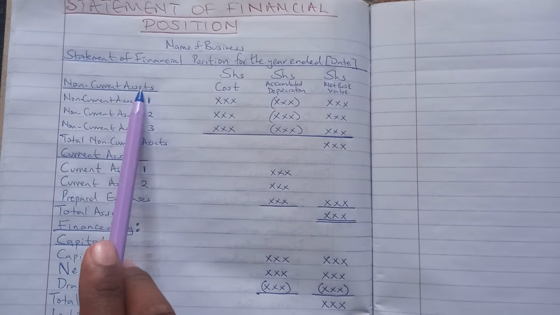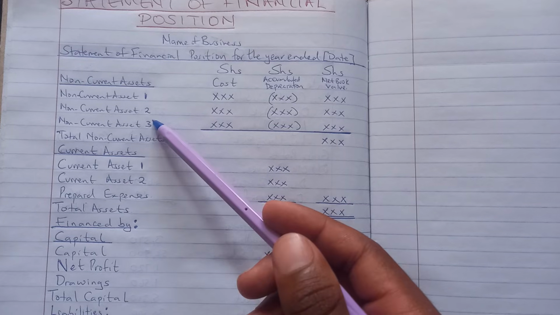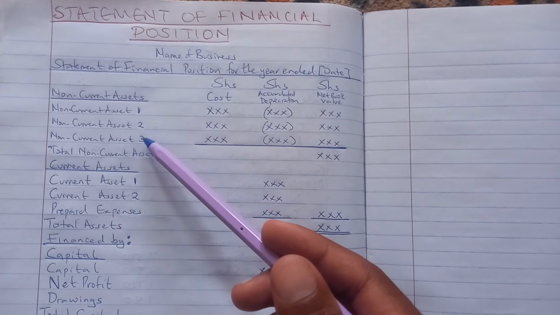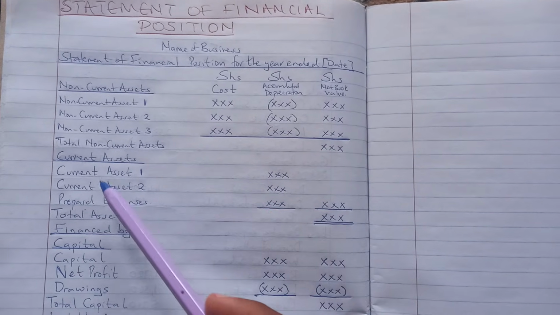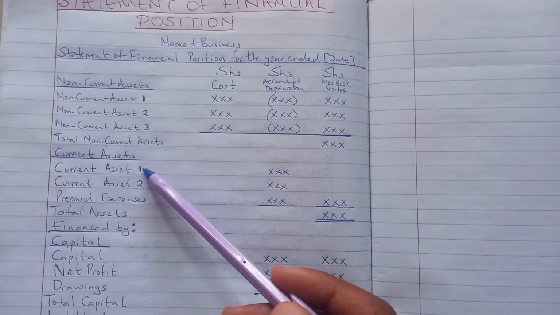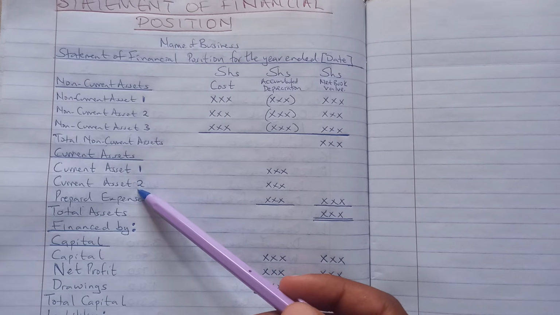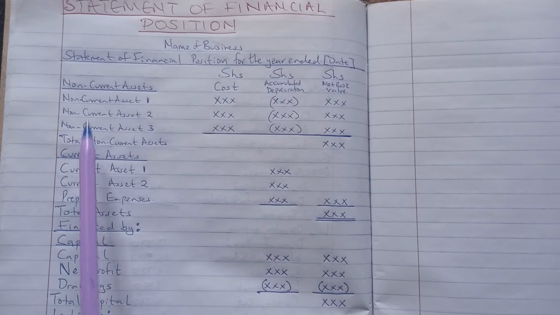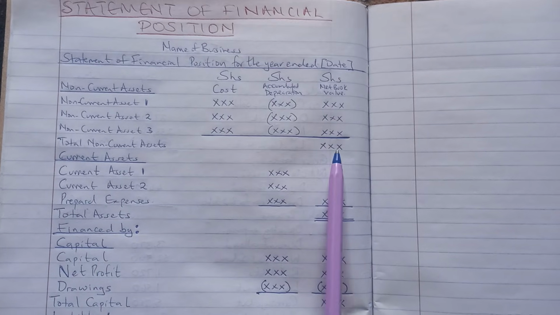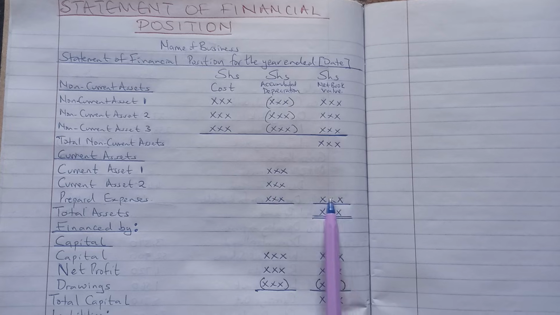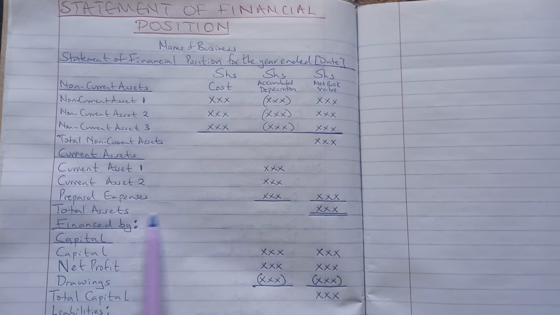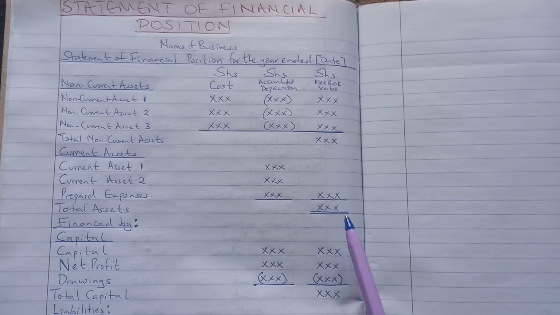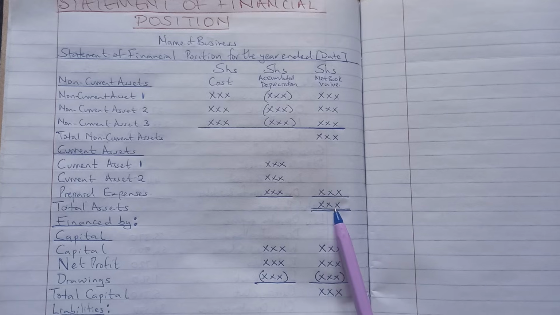Non-current assets are assets which are not easily liquidated, while the current assets are the ones which are easily liquidated. So we have the non-current assets plus the current assets, so that we get the total assets. This is the value of total assets.